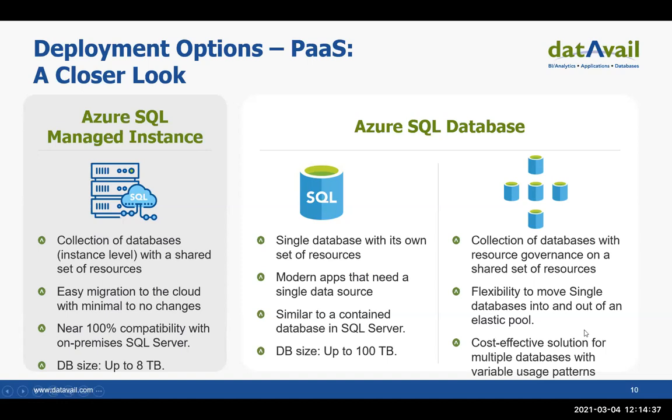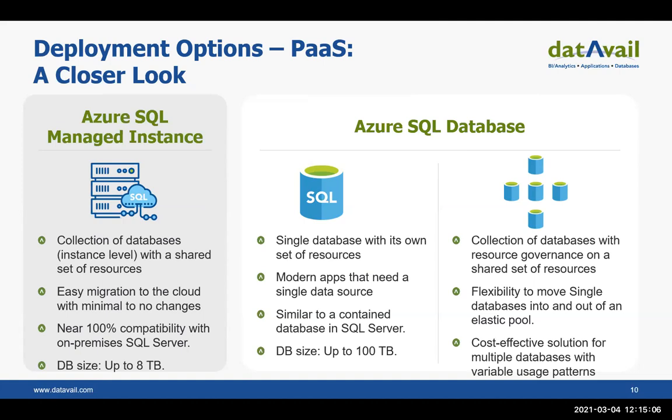Azure SQL Database Elastic Pools allow you to manage multiple databases with different performance requirements. Multiple databases can share a set of compute resources to reduce waste. You have the flexibility to move databases in and out of an elastic pool. We're going to do that a little bit later on in the demo. When can you use it, you ask?